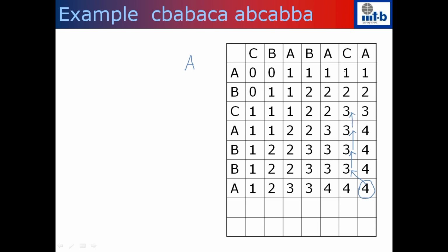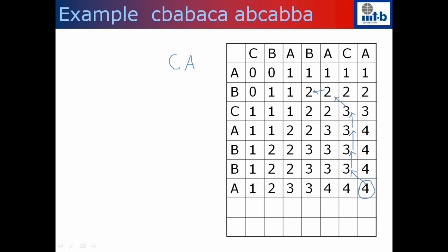Now c and c is same, so this 3 has come from this 2. So we go here. Since c is the common thing, we'll remember that c is part of the longest common subsequence. Now there is a b and a here which is not same, so this 2 has come from the maximum of 1 and 2, but the maximum of 1 and 2 is 2, so it has come from 2, not from 1. So I come to the left hand side.